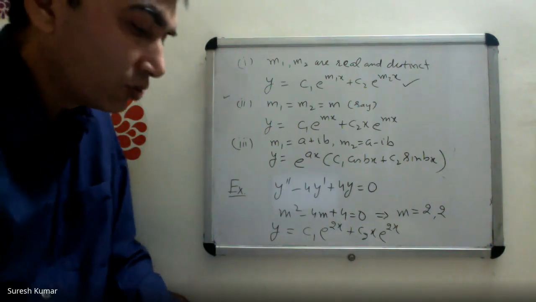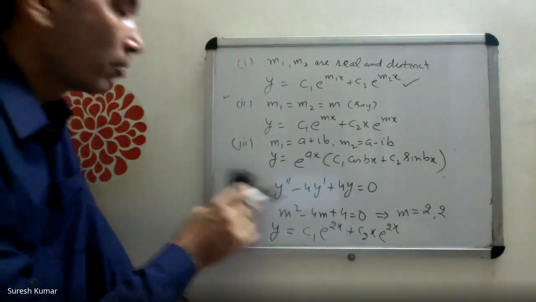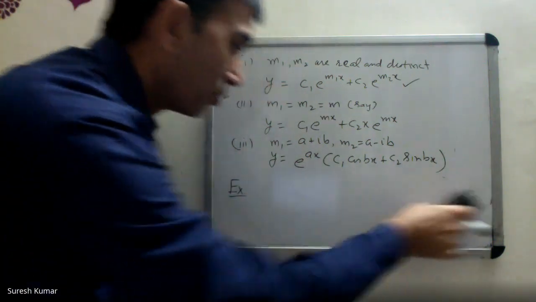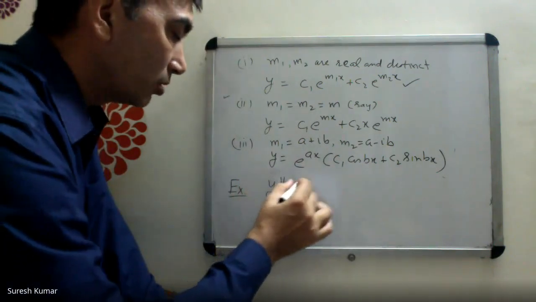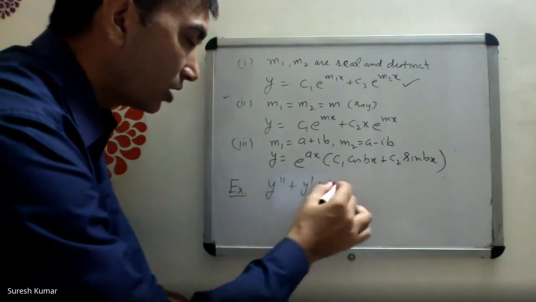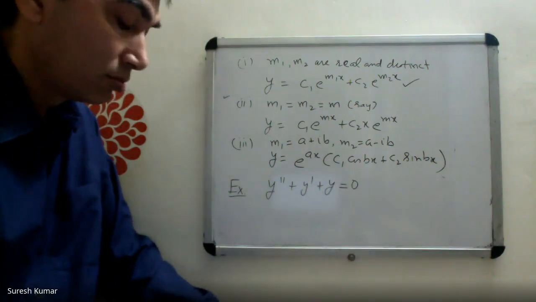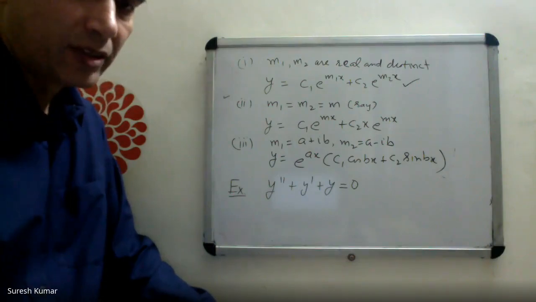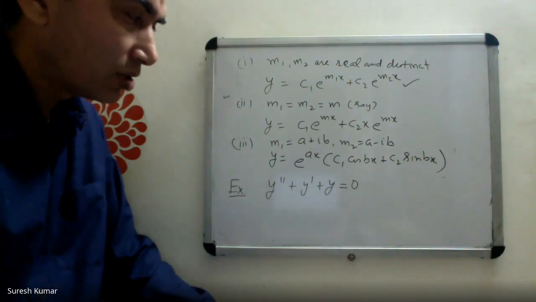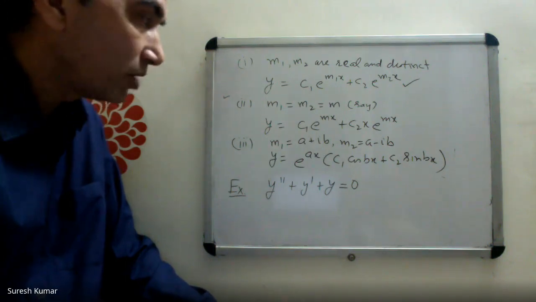Okay, let's do one more example. Solve the differential equation y'' + y' + y = 0. Again, write the auxiliary equation, find the roots, see which kind of roots you get, and then see the applicable case among the three.